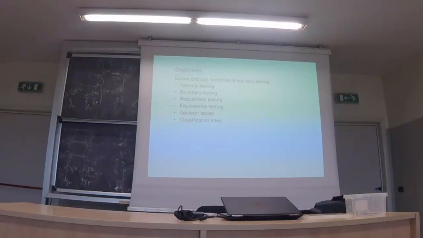We are talking about the black box that I just showed you. And we define the use of this function with nominal testing, boundary testing, robustness testing, equivalence, decision table, and classification trees.